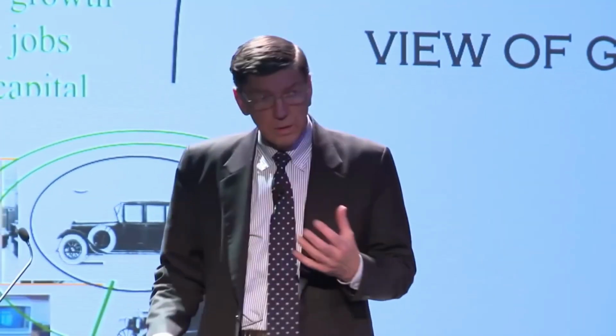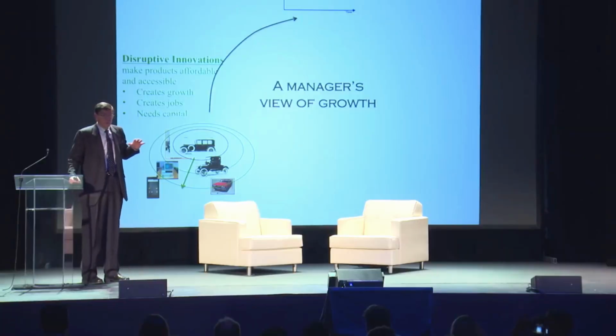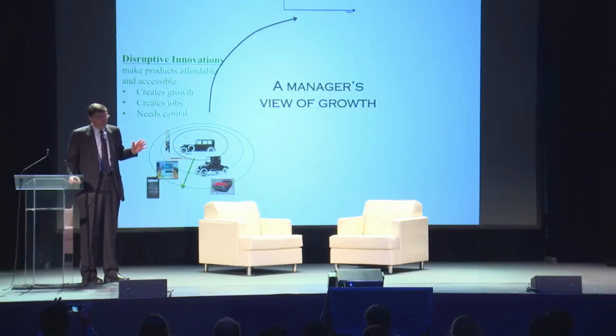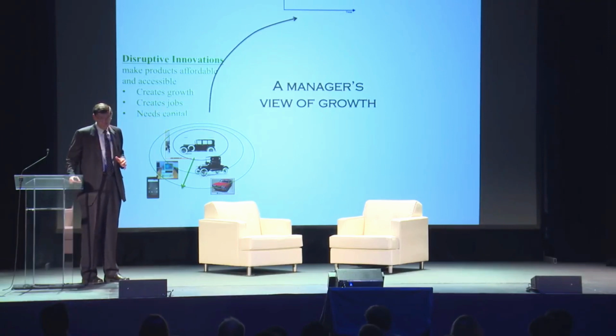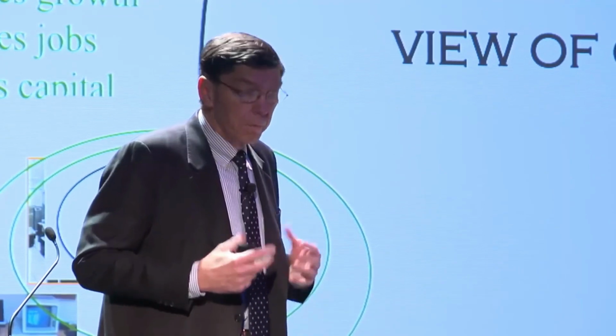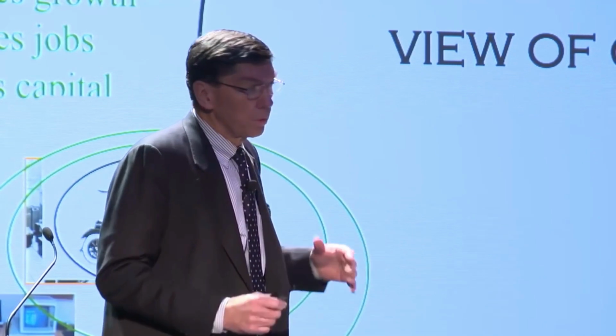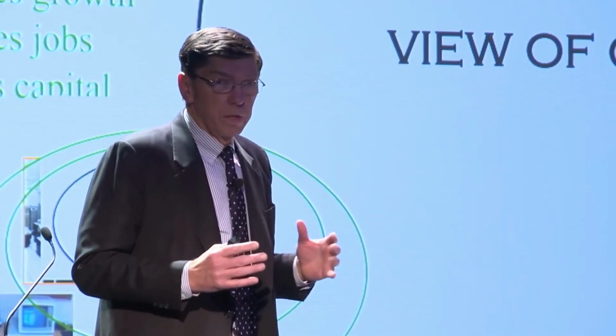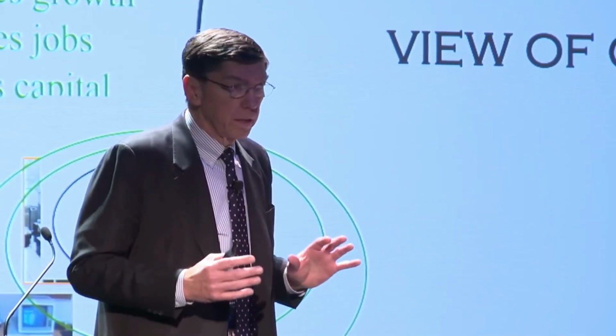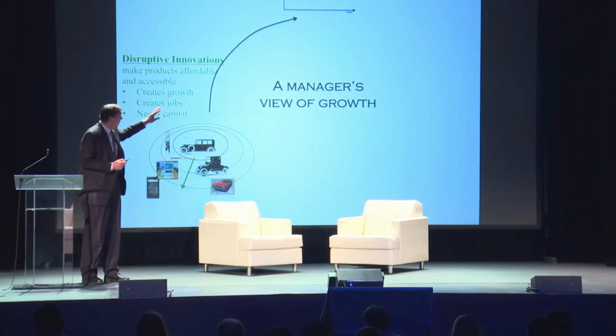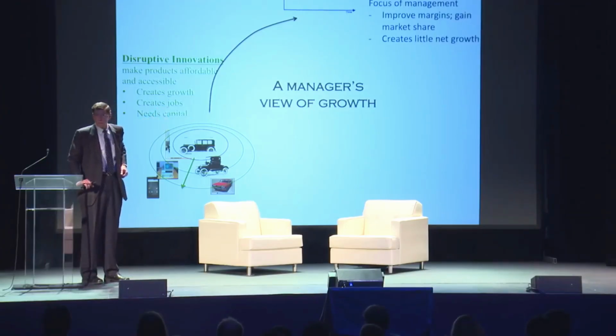Then there's a second type of innovation that we call sustaining innovations. Their role is they make good products better. And they are very important in society because if you don't keep making good products better, your margins will fall and the company will dissolve. When you go out in the world, most of the innovations that we see are sustaining innovations. But sustaining innovations actually don't create net growth, nor do they create jobs.